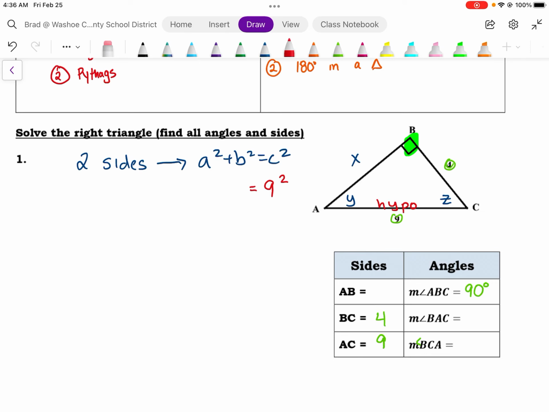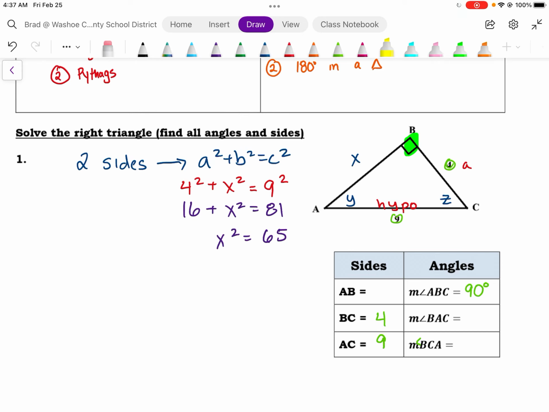So this 4 over here looks pretty small, so I'm going to call this my A. So I have 4 squared plus X squared. Alrighty. So we get 16 plus X squared is equal to 81. And then when I subtract over that 16, we get 65. So X squared is equal to 65.